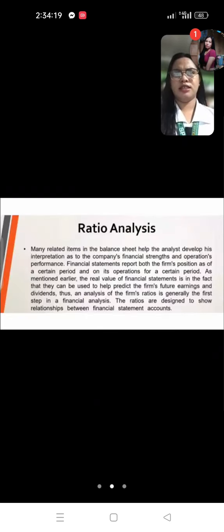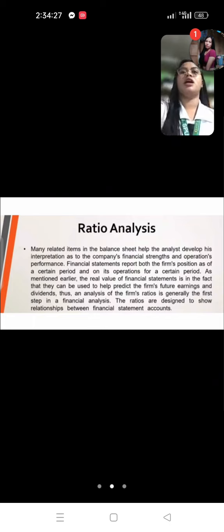Ratio analysis. Many related items in the balance sheet help the analyst develop his interpretation. Ang kagandahan nito, ang mga ratio naman, they are designed to show relationships between financial statement items.